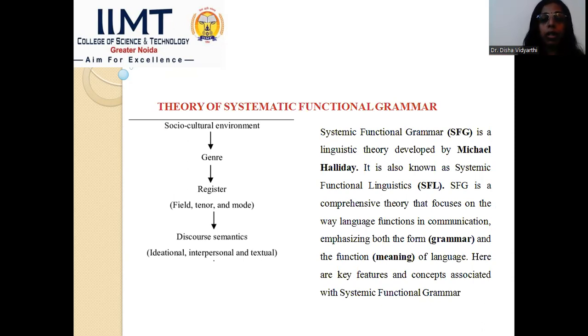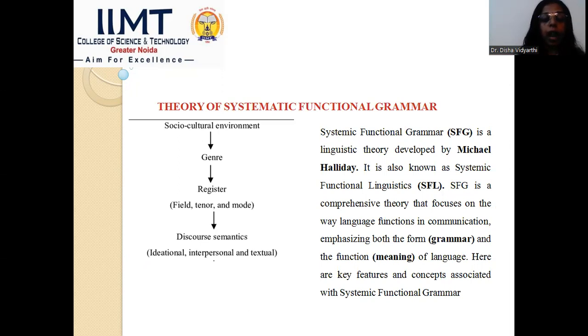There comes a genre, because it will create a difference in your communication when you are paying attention to the background, the context of that communication: whom you are speaking to, what you are speaking, which kind of setup you are speaking in, formal or informal. Different kinds of socio-cultural elements will give a lot of different colors to that communication, different usage of that language.